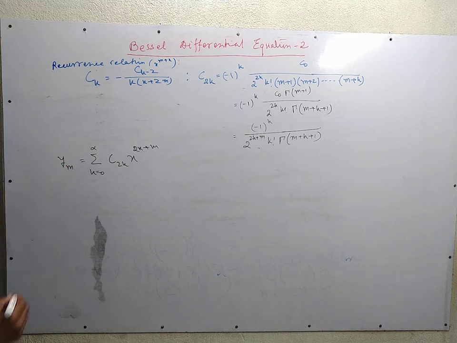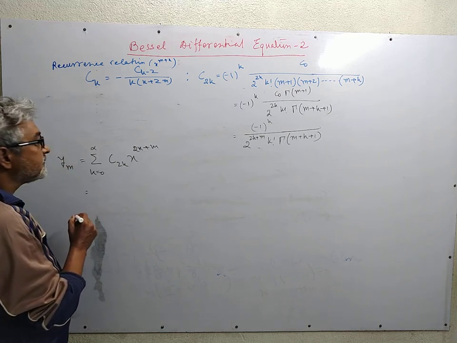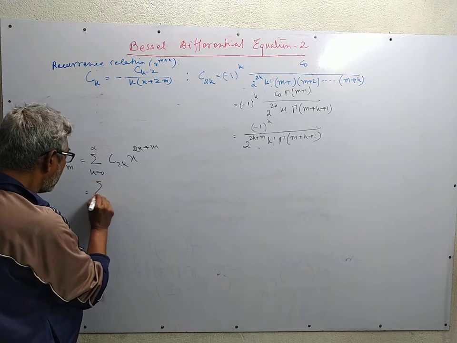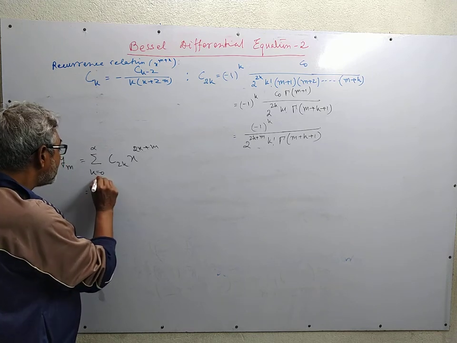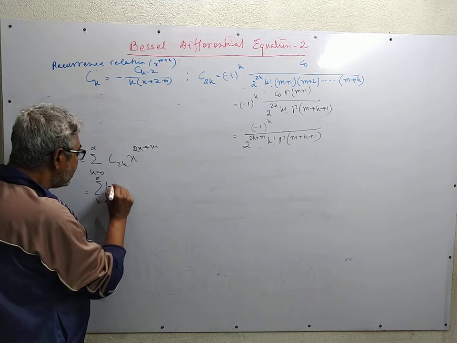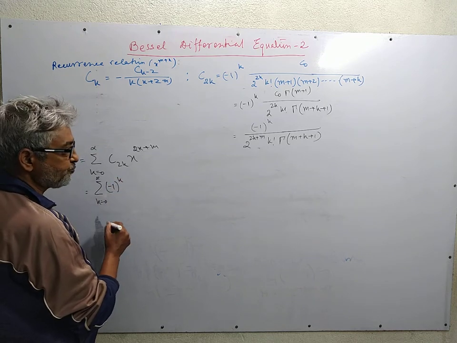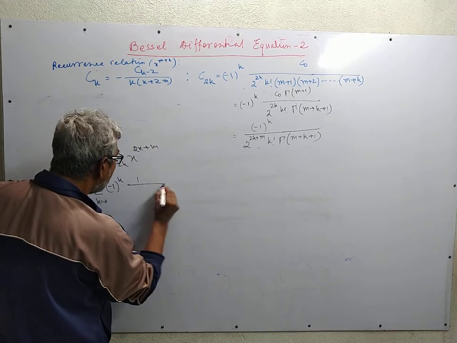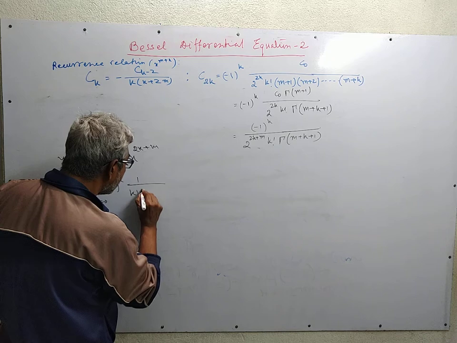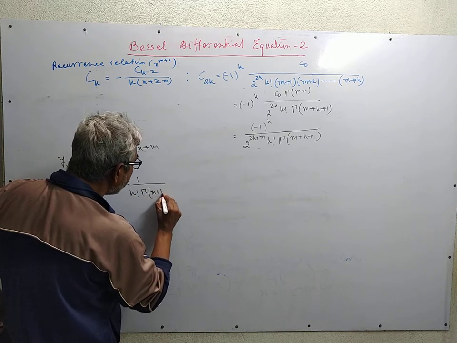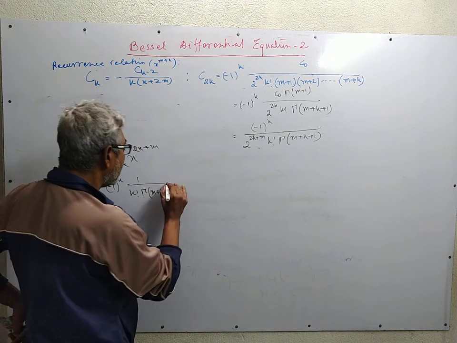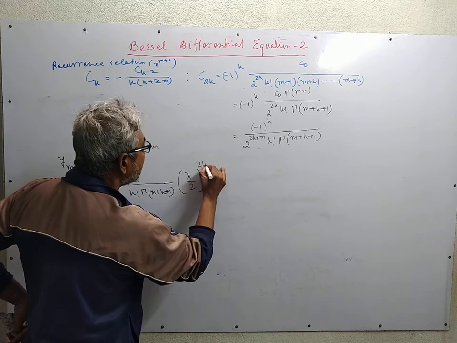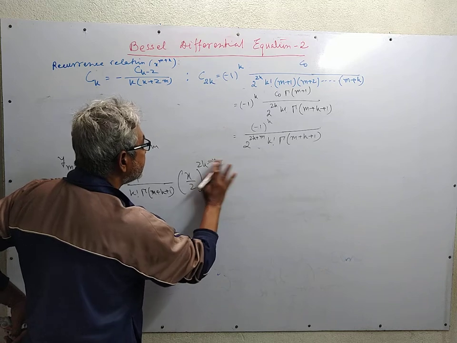So if we write the value of this, we get the sum over k is equal to 0 to infinity of minus 1 to the power k, and in the denominator we have k factorial gamma of m plus k plus 1, times x by 2 to the power 2k plus m.